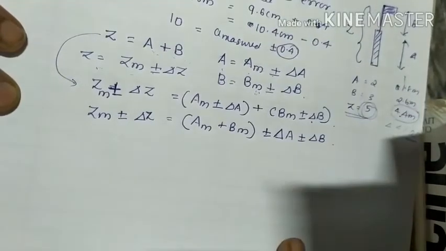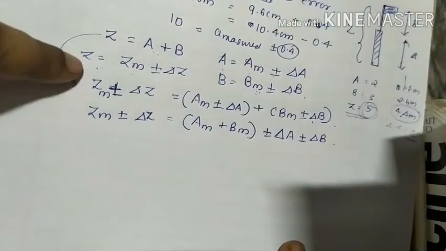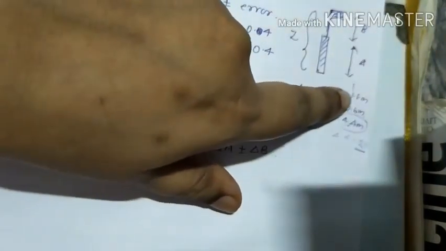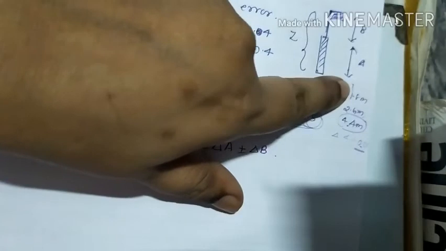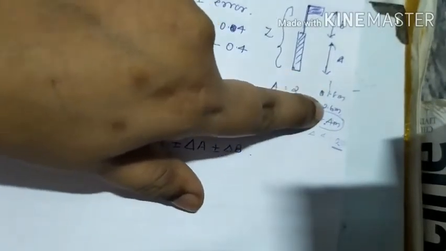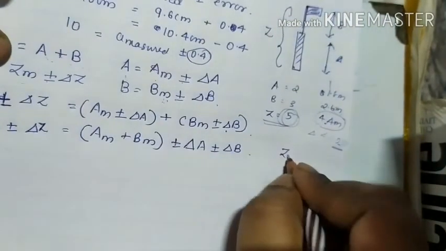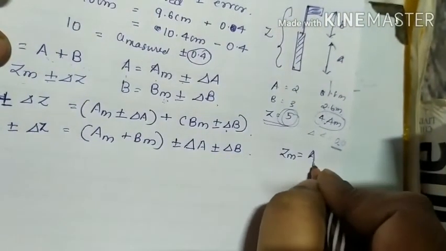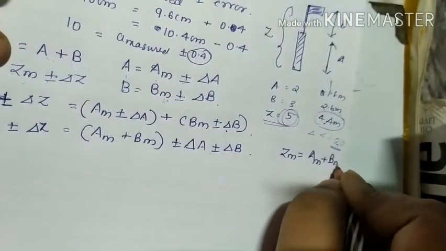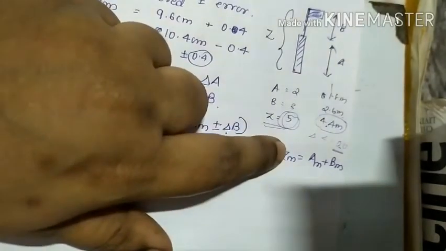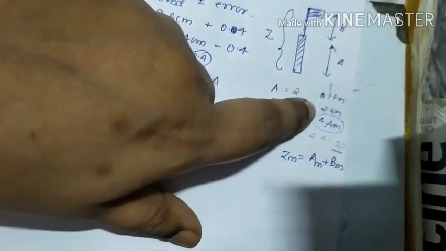Just rearranged it. Right, now I just told you these are the measured values. The measured value of A and the measured value of B, when they add, we get the measured value of Z, that is ZM is equal to AM plus BM. The measured value 4.4 is the sum of 1.8 and 2.6, right?